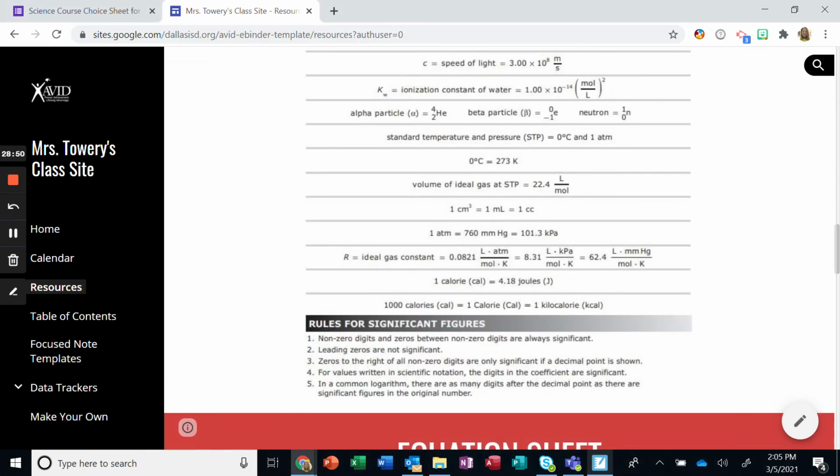So if I go back over here, again, here are your units of pressure. Okay? 1 ATM is equal to 101.3 kilopascals. So since our standard pressure is 1 ATM, that's the same thing as saying it's 101.3 kPa.